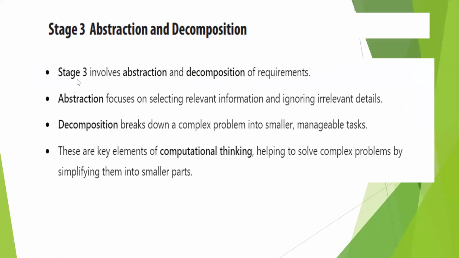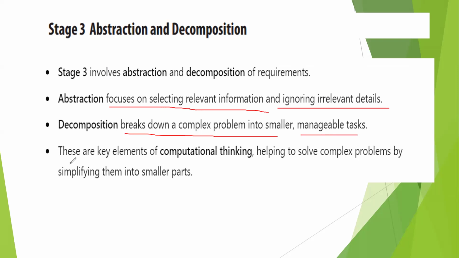Now see here, stage 3 involves abstraction and decomposition of requirements. Abstraction focuses on selecting relevant information and ignoring irrelevant data. Decomposition means breaking down a complex problem into smaller, manageable tasks, like module 1, module 1.1, module 1.2. Module 2 is divided further into 2.2 and 2.3, and 2.2 further divided.